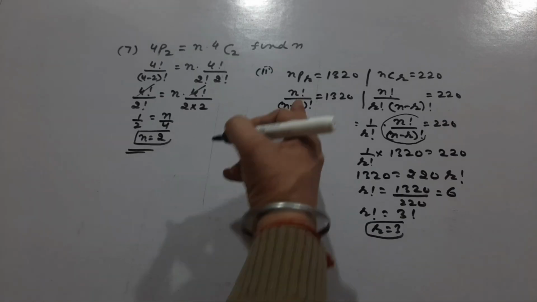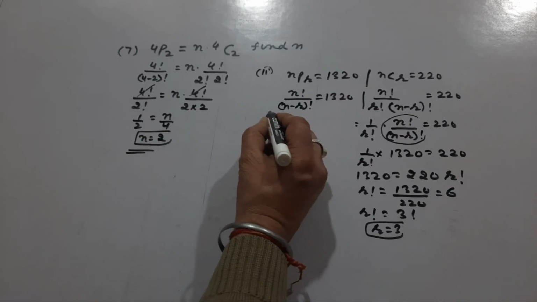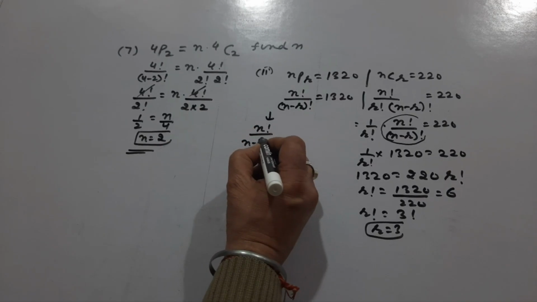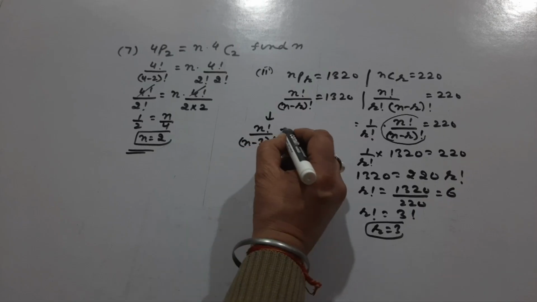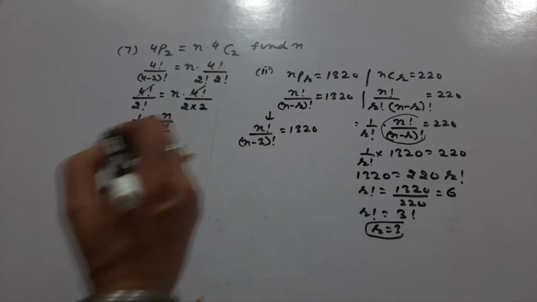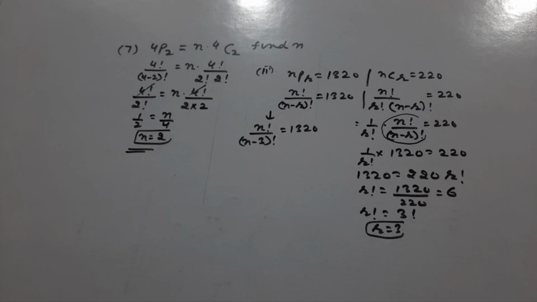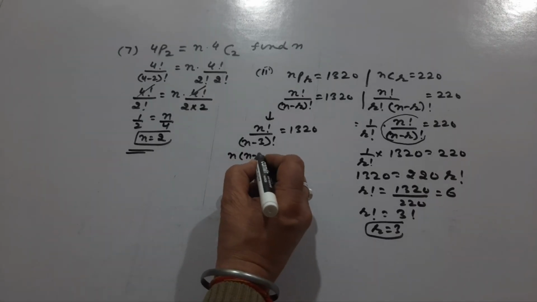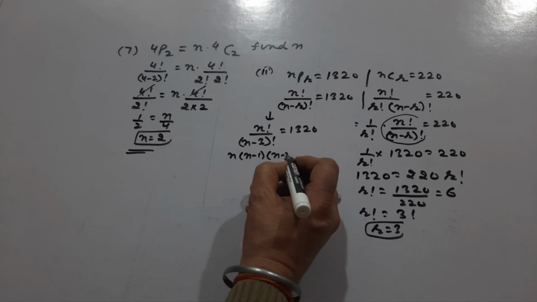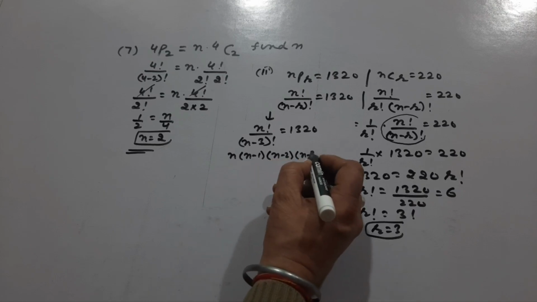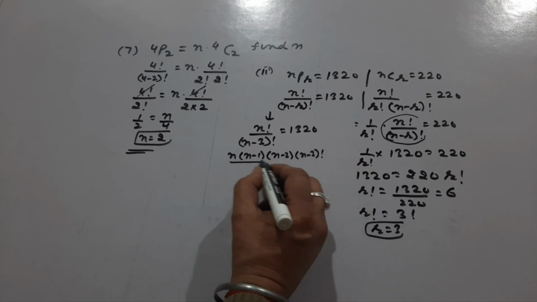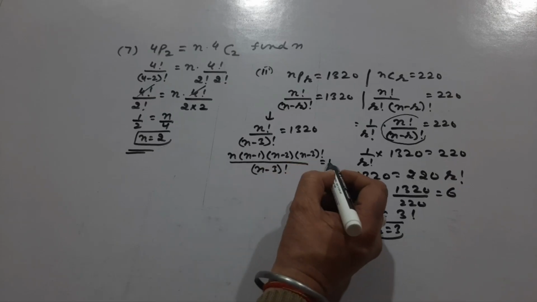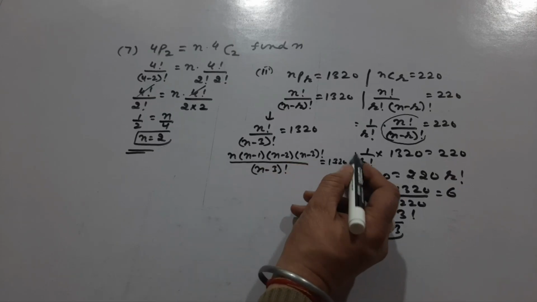So putting the value of r over here, what we get? n factorial upon (n minus 3) factorial is equal to 1320. Right, now writing n factorial as n into (n minus 1) into (n minus 2) into (n minus 3) factorial upon (n minus 3) factorial is equal to 1320.